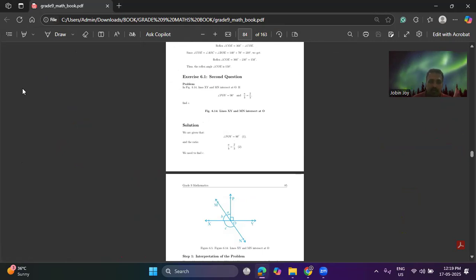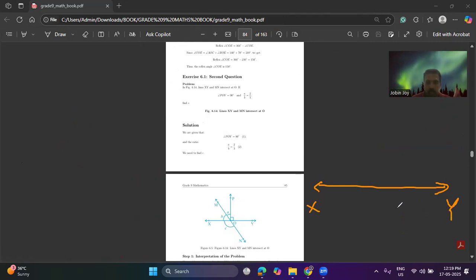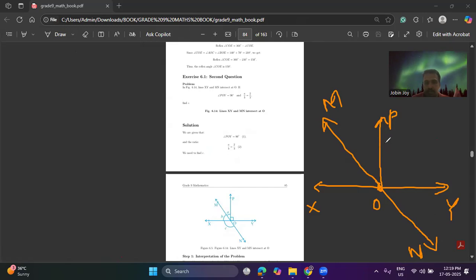Similar to this, you can solve all the problems. We have a line XY, and this is another line MN, intersecting at point O. And there is a ray here, this is called P. POY is given, this angle is equal to 90 degree.